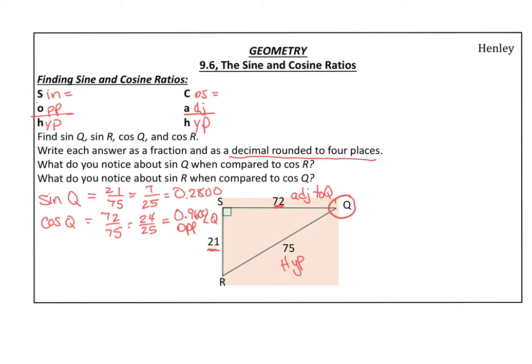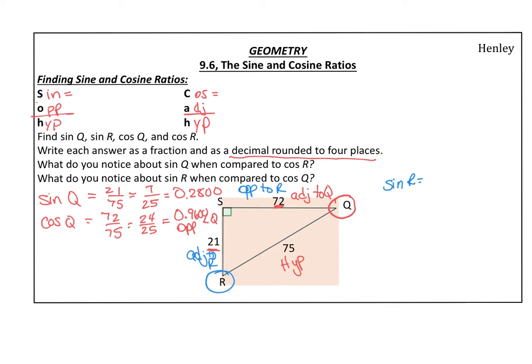Now let's look at angle R. Our opposite to R is 72. Our adjacent to R is 21. So our sine of R is going to be opposite over hypotenuse.